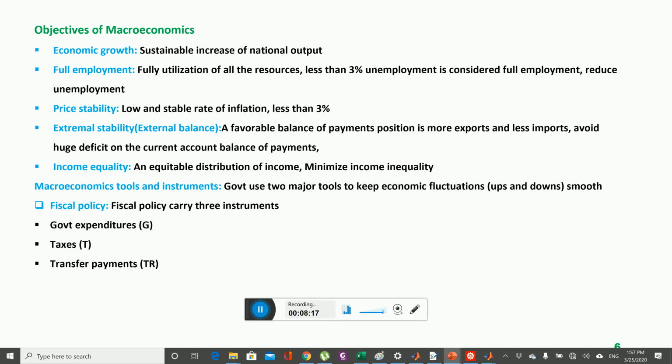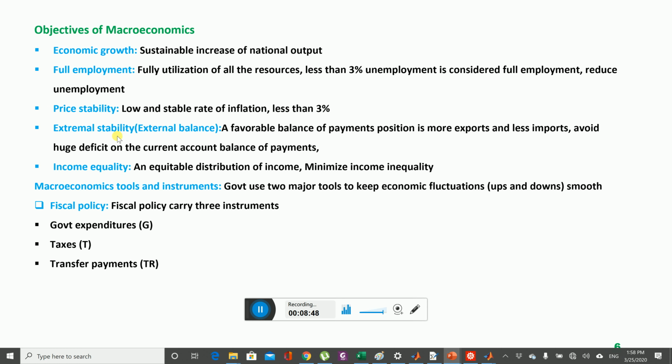This is an acceptable inflation rate in a particular economy, and this slow 1 to 3% increase in price level annually is good for economic growth. So price stability doesn't mean that prices will remain fixed. We have to control this inflation rate and make sure there is less than a 3% increase in price level annually. So this is called price stability.